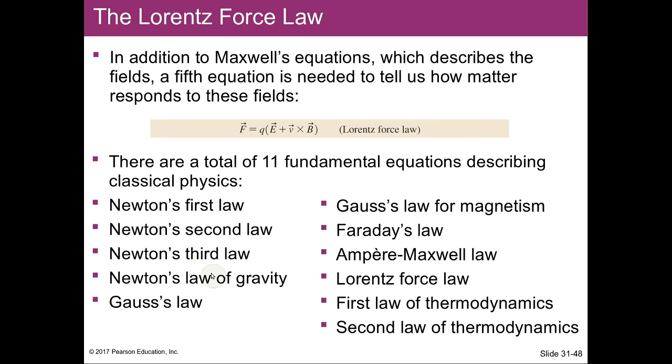And the universal law of gravity that explains both the apple falling from the tree and the moon held in orbit around the Earth. And then the only other thing we need to add to that for all of classical physics is the first and second law of thermodynamics, energy conservation, and the irreversibility of some processes.